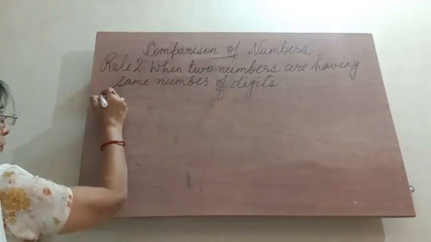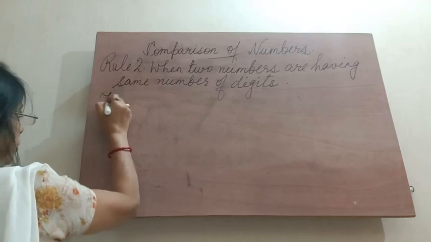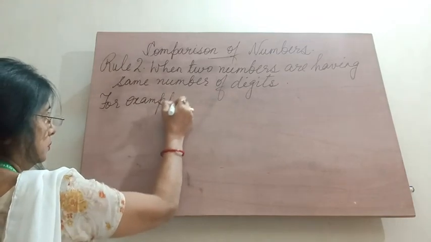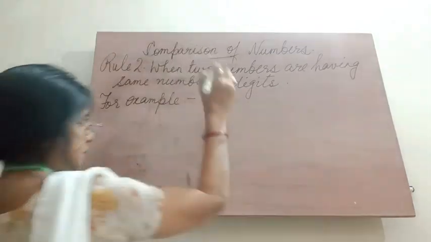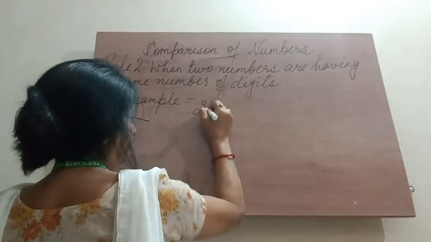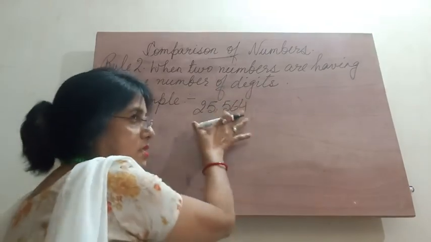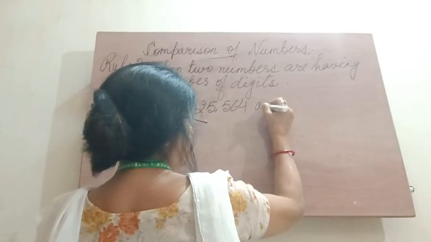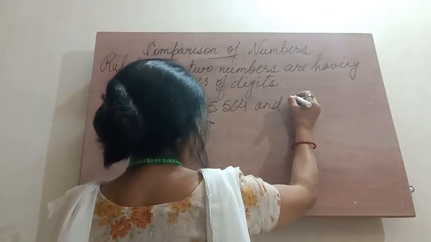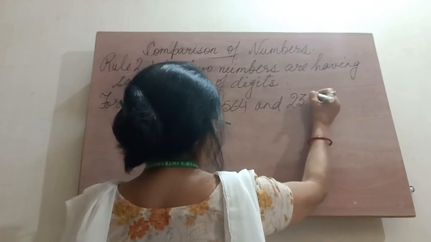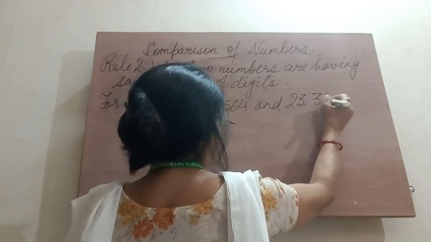When two numbers are having the same number of digits. Again, I am going to give you an example. For example, 25,564 is one number, and the second number is 23,312.